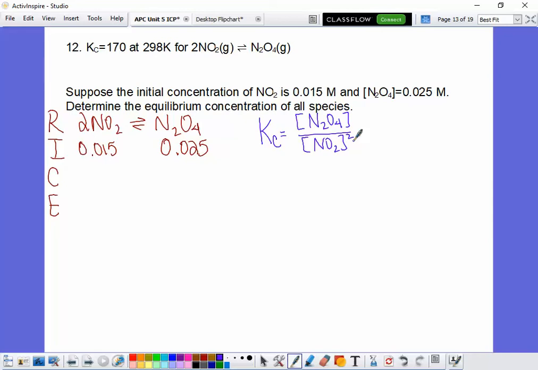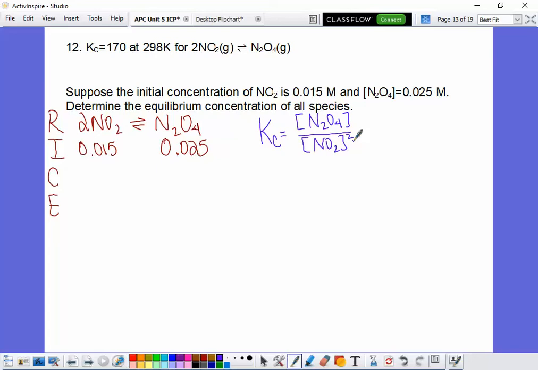I have a little bit of everything, right? So how do I know which way the reaction will proceed? We have to calculate Q. Remember, the only way to know for sure which way it will go, let me rephrase that. You can get away without calculating Q if you have 0 of something initially, but we have something of everything, okay? So we're going to have to calculate Q.